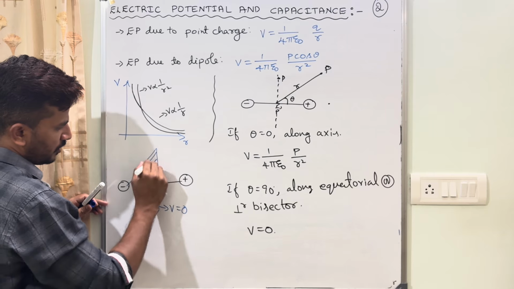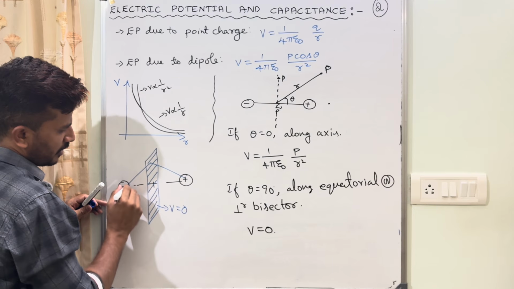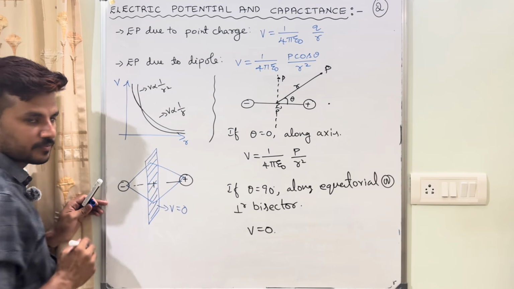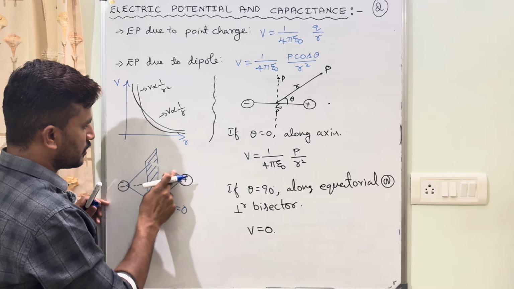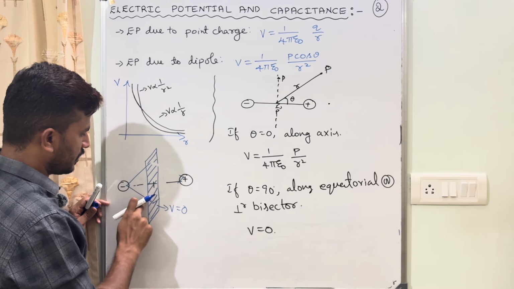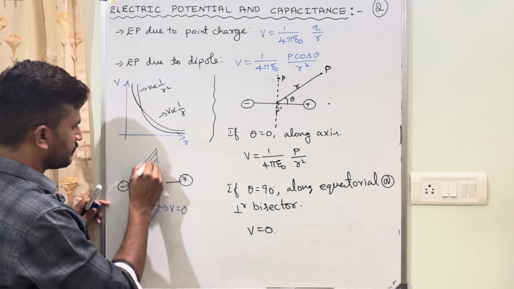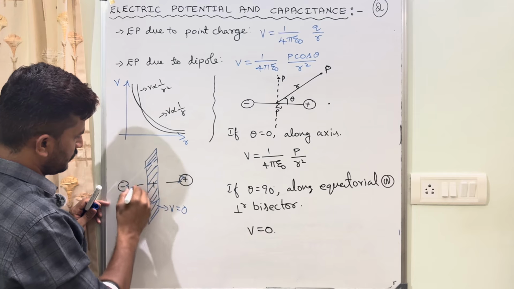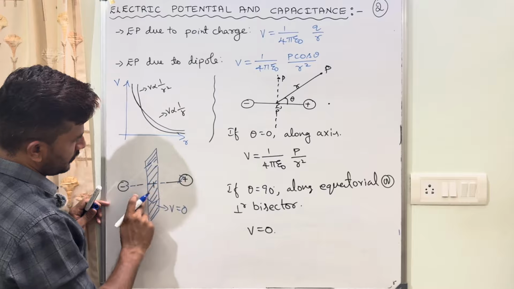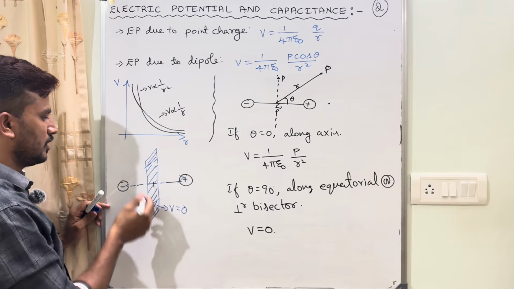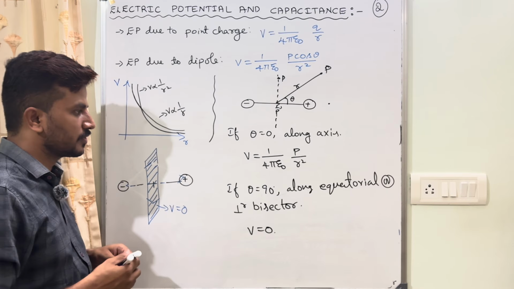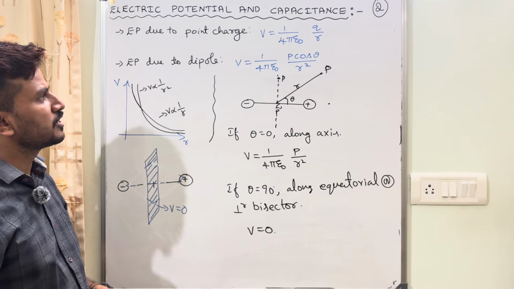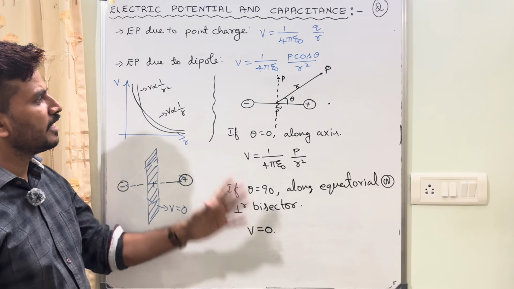Potential due to this one and potential due to this one everywhere get cancelled. So this is called the zero potential region.